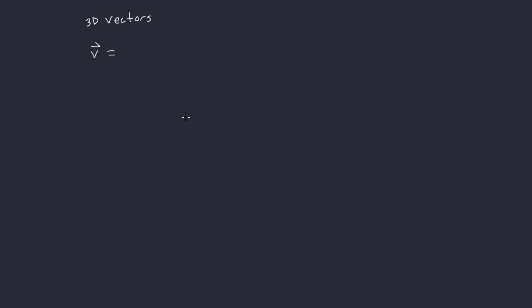All right, so 3D vectors, like I said, work pretty much the same way. We're going to have how much they move in the x direction, how much they move in the y direction, and how much they move in the vertical z direction. So then it just becomes a question of, well, how do we graph or talk about a 3-dimensional object on a 2-dimensional surface? And that's always the big problem or the big challenge or the big complication that we'll face in this class.